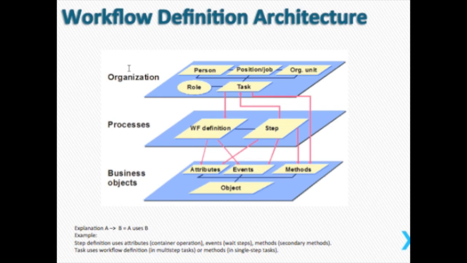Whenever you have different activities and want to group them together, that becomes a workflow definition. A workflow definition can use a task directly on attributes of business objects and events. A step can use attributes, events, methods, and tasks. That's how the workflow architecture is defined.